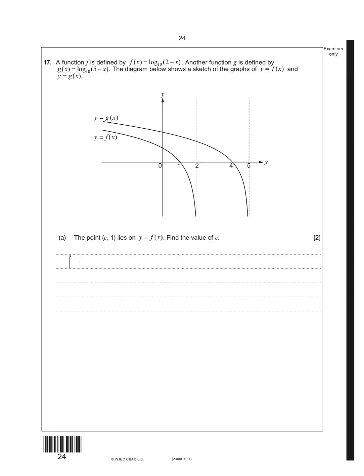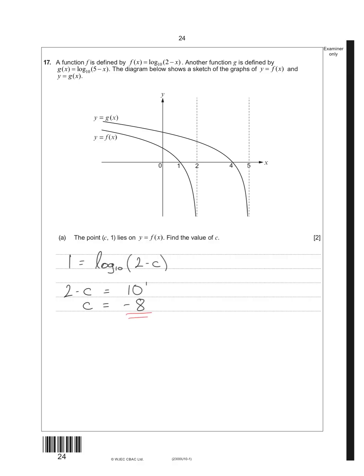So we can say that 1 is equal to log to the base 10 of 2 minus c. The opposite of log to the base 10 is raising both sides to the power 10. So we get that 2 minus c equals 10 to the power 1, which is 10. And so we can see from that that c is going to be minus 8. 2 take away minus 8 gives you 10.